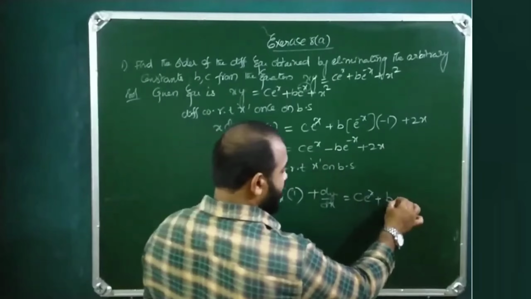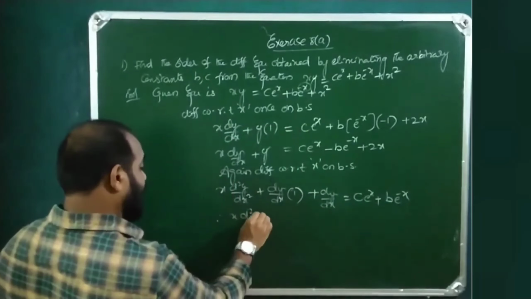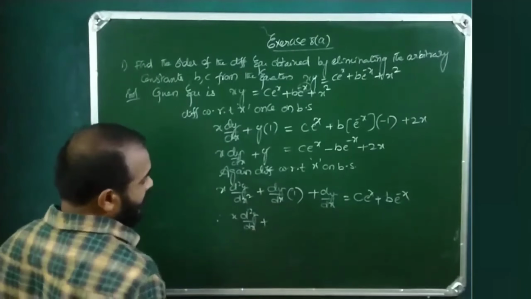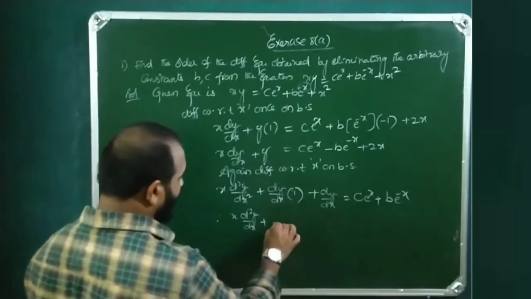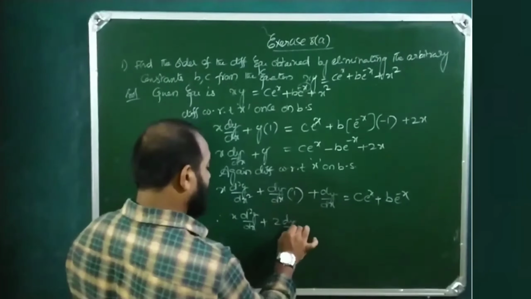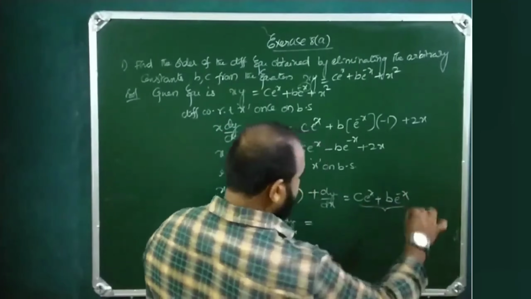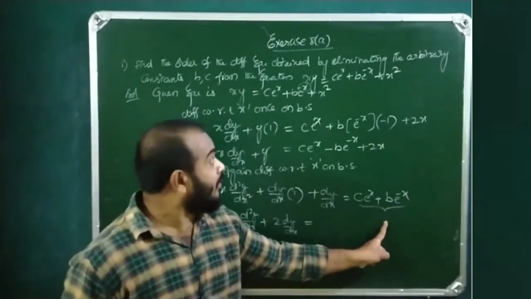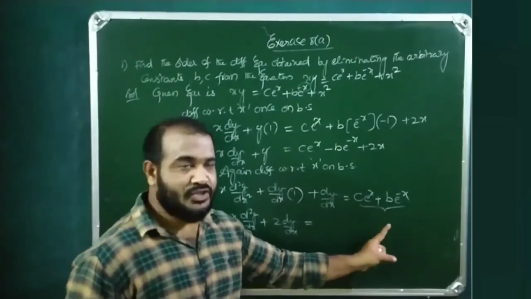Minus of minus is plus e^(-x). Therefore, x d^2y/dx^2 + 2 dy/dx.